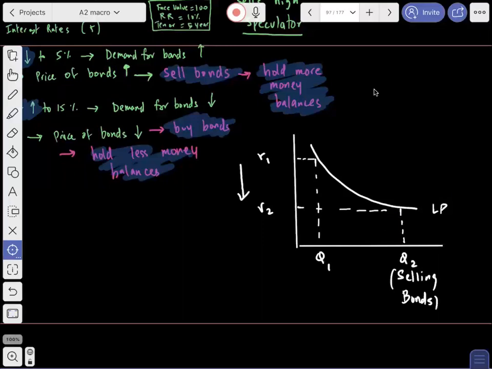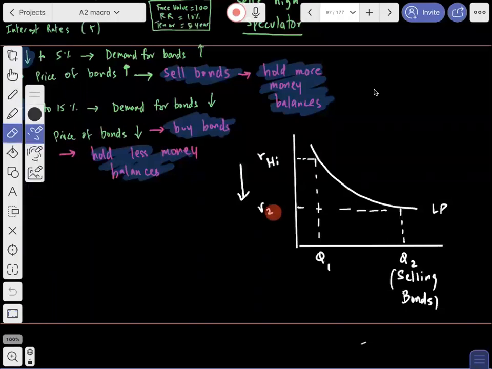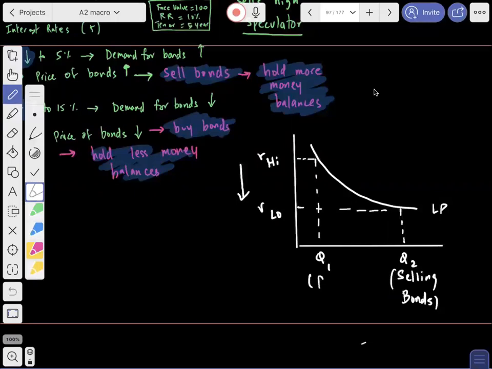But when the interest rates are high, let's call this R high versus R low, the price of bonds is low. And when the price of bonds is low, the speculator is buying bonds, and if he's buying bonds, he's holding less money balances.